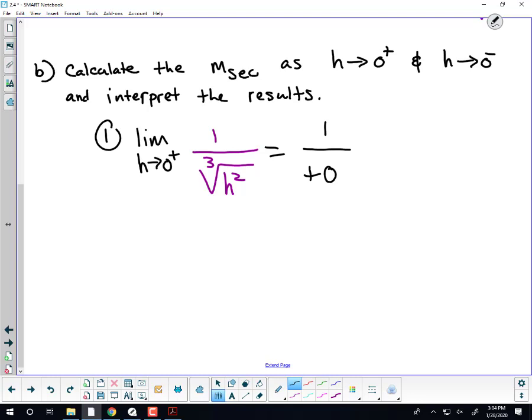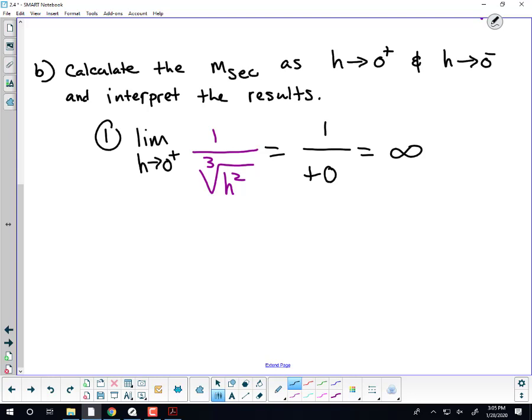So maybe it's easier to think about, well, the denominator is just the cube root of h quantity squared. Regardless of whether that comes out to be positive or negative, since we're squaring it, it's still always going to be positive. So infinity, everyone agree with that?